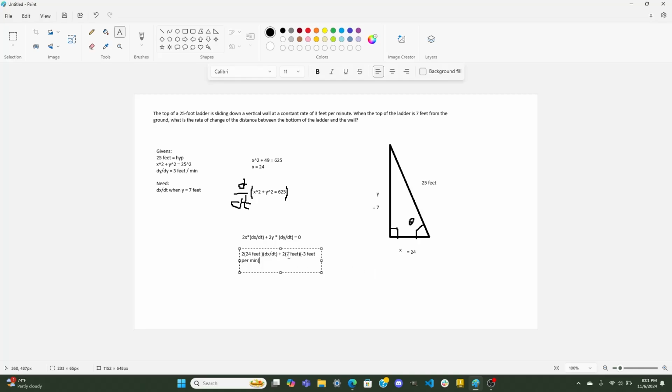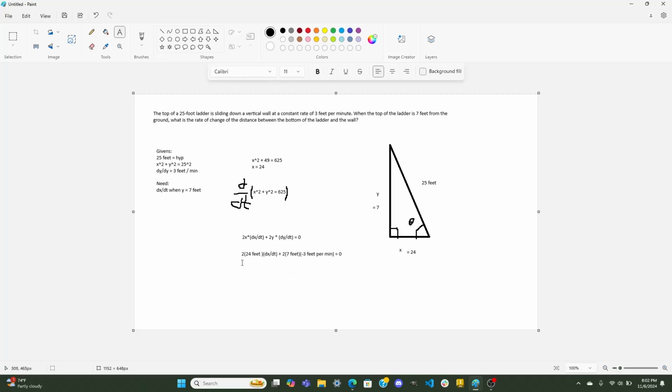But since dy over dt is going to be a rate, it is going to be feet per minute because it is the distance over the time. Okay, so now we can finish by making the equation equal to 0. And just so everyone knows, it's -3 because it's sliding downwards. It's decreasing, that means that it's a negative.